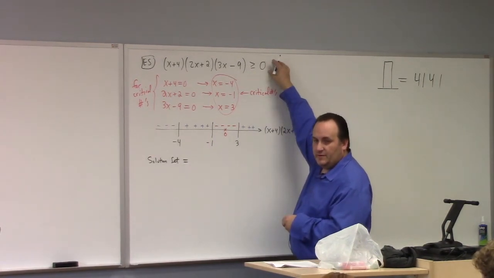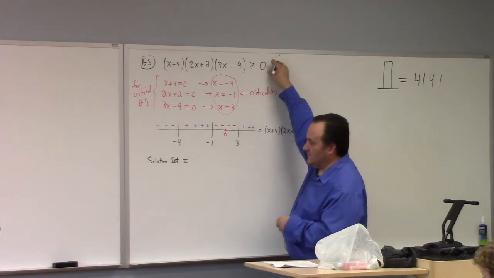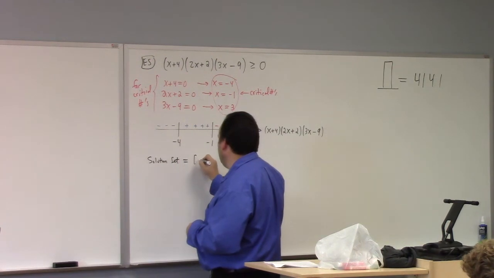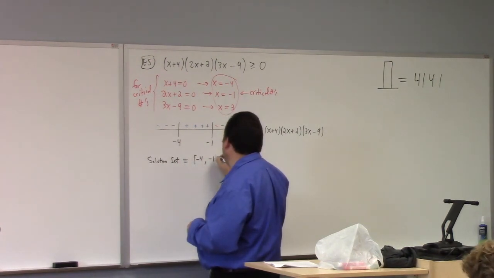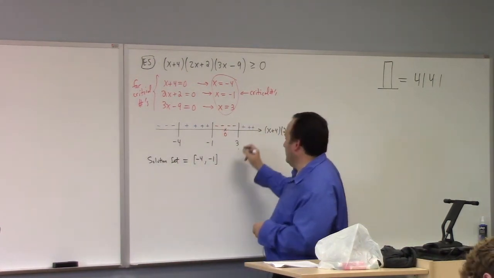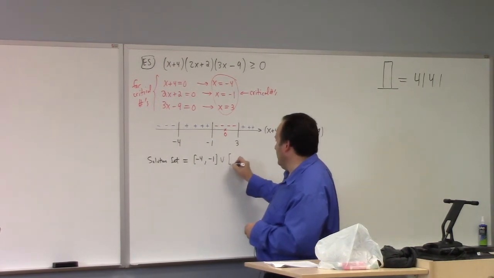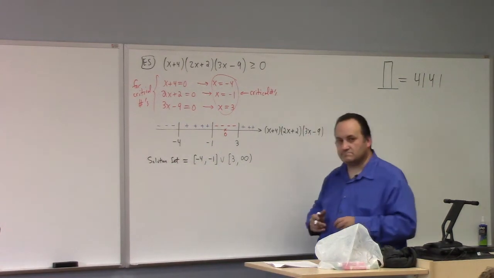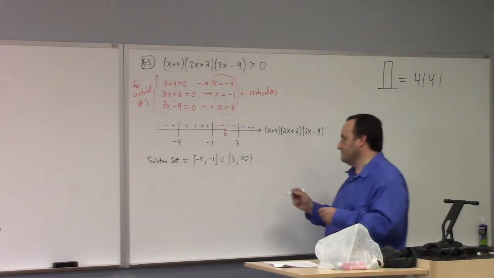Every critical number here corresponds to a 0 of the expression, right? So we include the critical numbers in this case. So we're going to go from -4 all the way over to -1, both of them included. And then our solution starts again here at 3, and it keeps going to infinity. There you go.